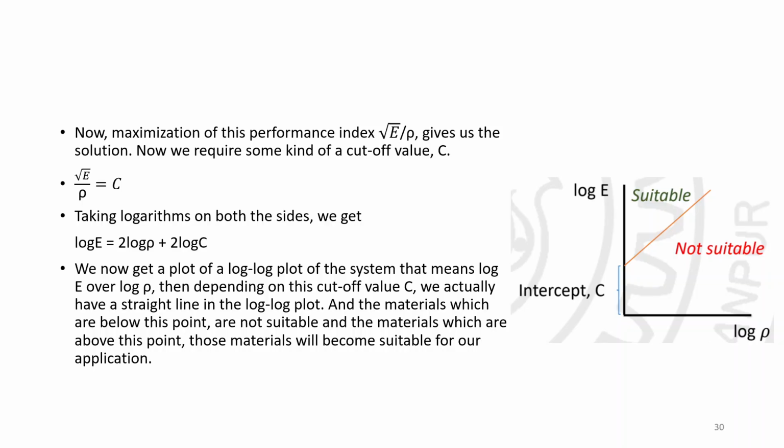Then depending on this cutoff value c, we actually have a straight line in the log-log plot, and the materials which are below this line are not suitable, and the materials which are above this line will become suitable for our application. So in this log rho versus log E plot we will be getting an intercept c.